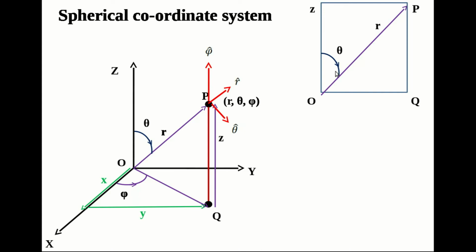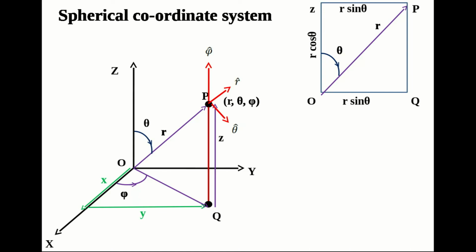From this we can see that in this right triangle, OQ or ZP is the opposite side to this angle and OZ is the adjacent side to this angle. So ZP or OQ will be equal to R sin theta and OZ will be equal to the z coordinate, which is R cos theta.